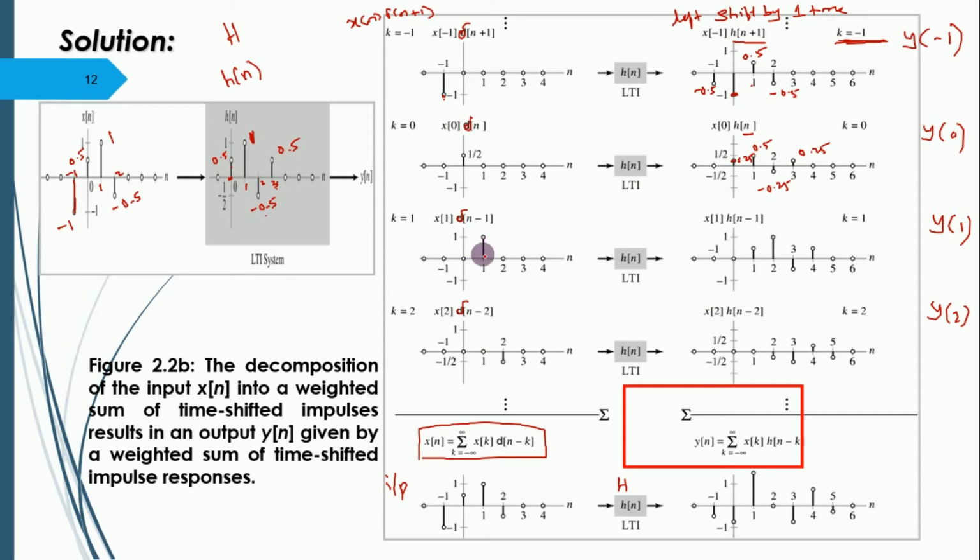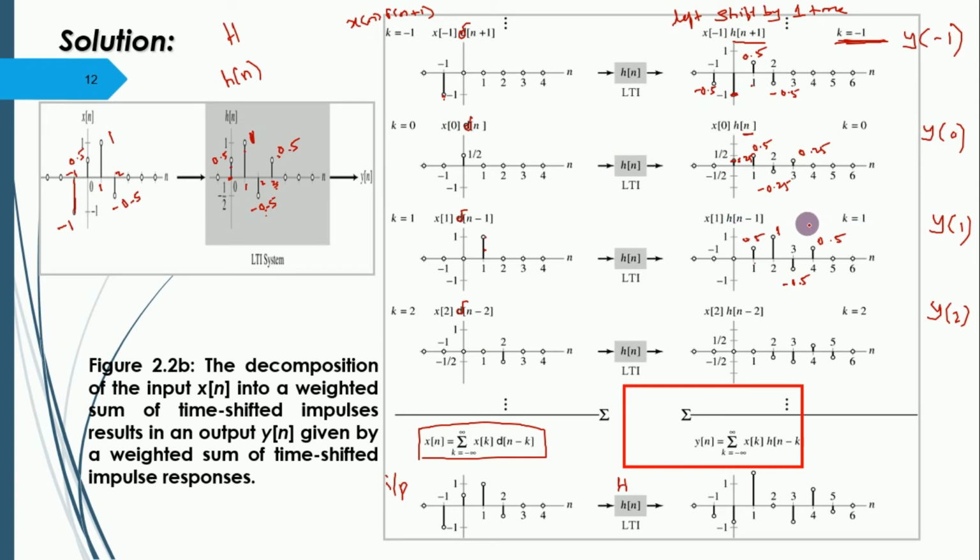Similarly, for this one, what is the value I'm having? 1. Multiply 1 with all the constant weights here. 1 into 0.5 is 0.5, 1 into 1 is 1, 1 into minus 0.5 is minus 0.5, 1 into 0.5 is 0.5. Same thing I get, but shifted by one time because it is n minus 1, k is equal to 1 here. 0.5 comes at 1, 1 comes at 2, and whatever is at 2 will come at 3, and whatever is at 3 comes at 4.